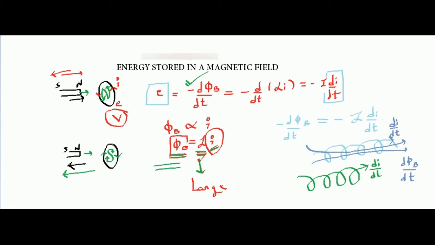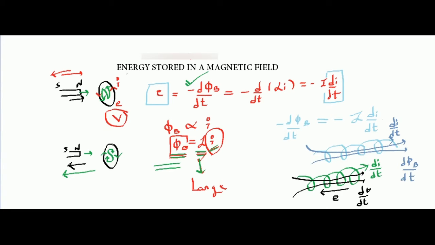So when you pass a changing current, the magnetic flux linked with the coil will also start changing, and this changing magnetic flux through this wire will in turn create an EMF that will oppose this increasing current. So this is how the entire thing works out. Agreed?